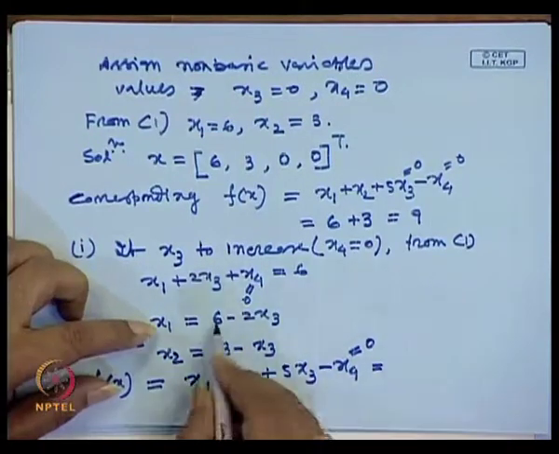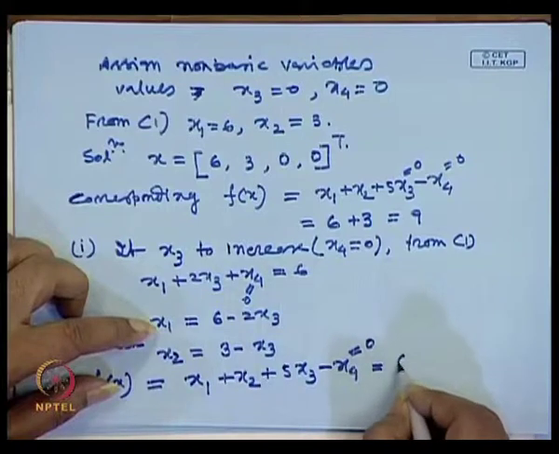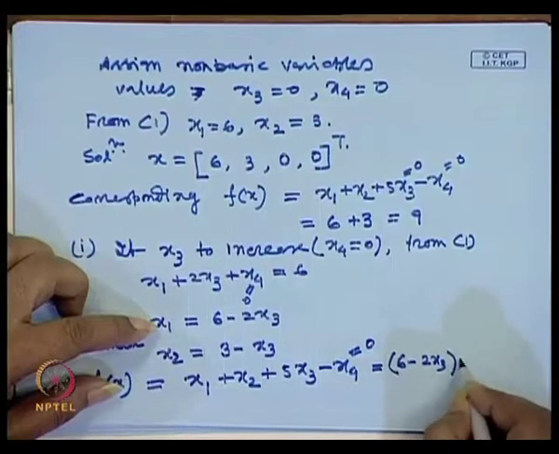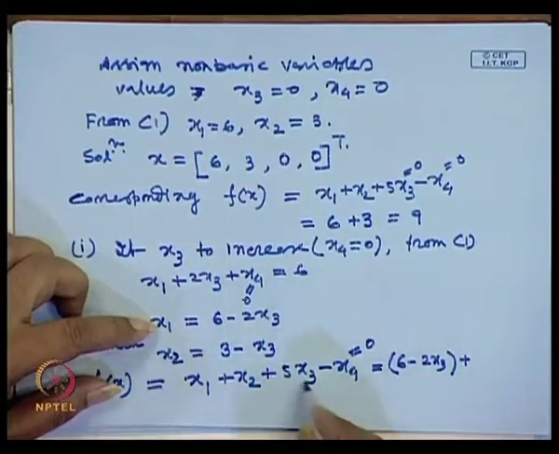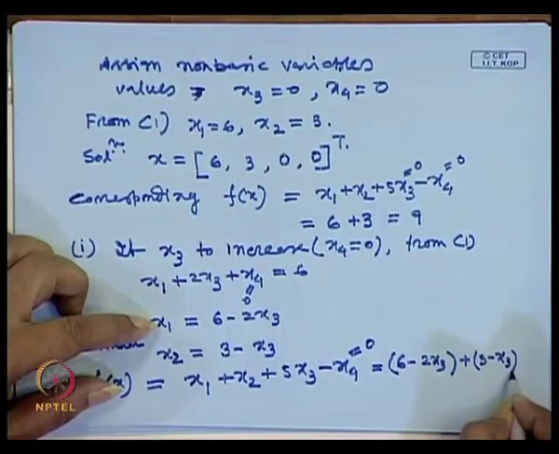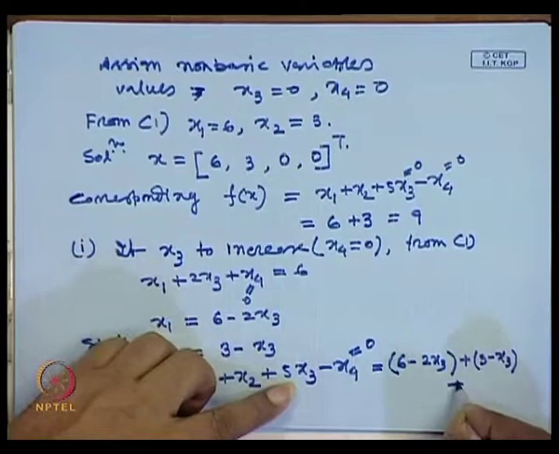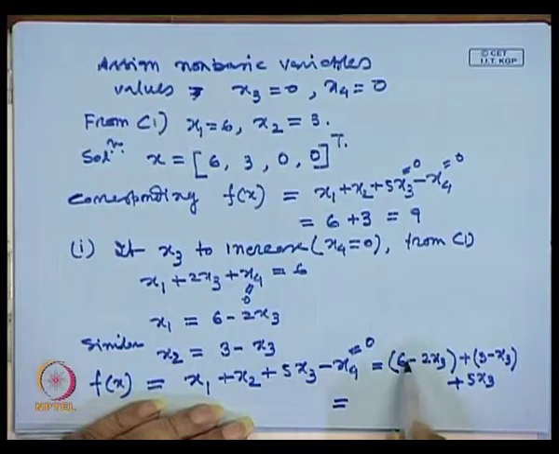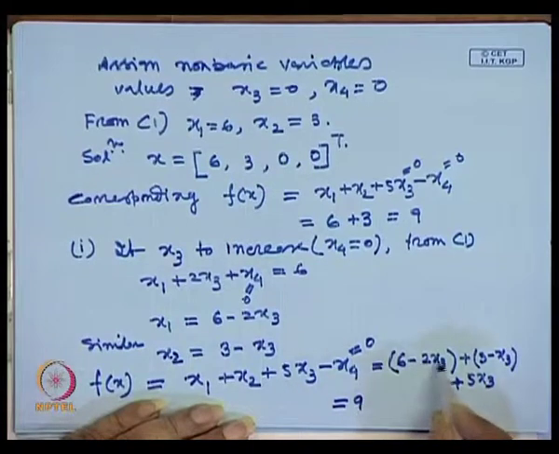We write the x1 value in terms of x3. So 6 minus 2x3, this is x1, and x2 is 3 minus x3, plus as it is 5x3. If you see, I manipulate this: 6 plus 3 is 9, then minus 2x3 minus x3 is 3x3, plus 5x3. So it is plus 2x3.